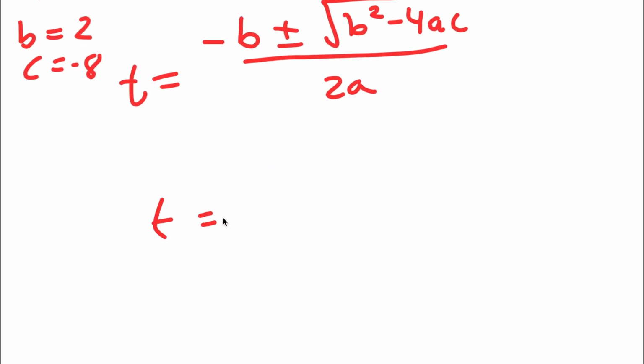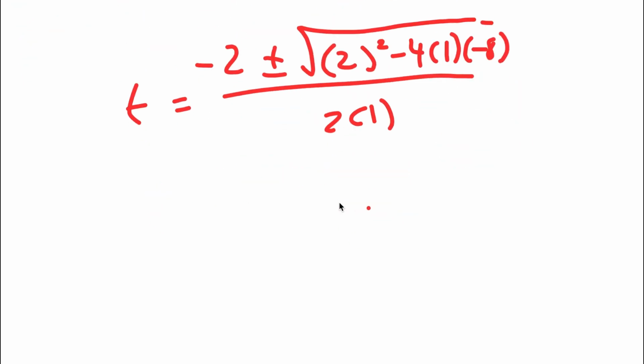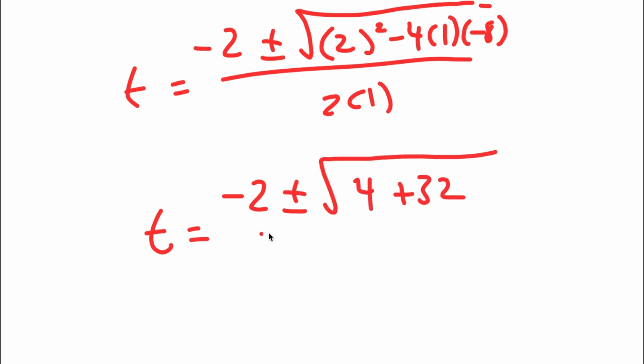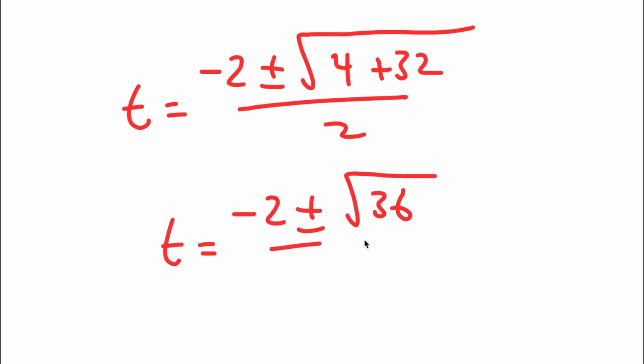So I get t is equal to negative 2 plus or minus the square root of 2 squared minus 4 times 1 times negative 8 all over 2 times 1. This is equal to negative 2 plus or minus the square root of 4 plus 32 over 2, which is equal to negative 2 plus or minus the square root of 36 over 2.